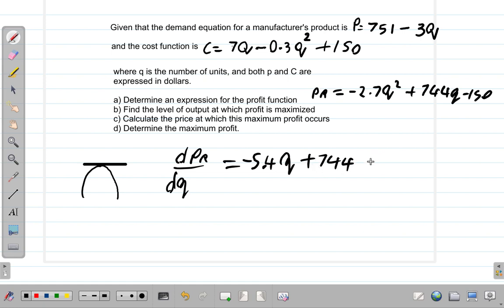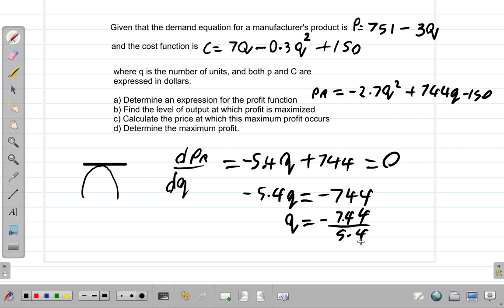You make it equal to 0. Subtracting 744 from both sides, negative 5.4Q equals negative 744. Then Q would be negative 744 divided by negative 5.4.